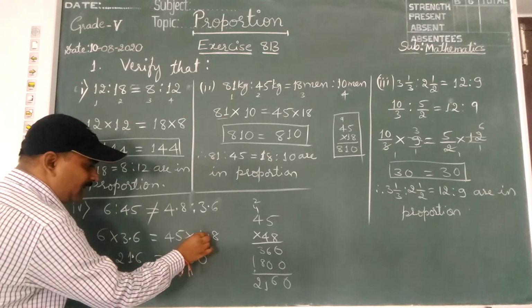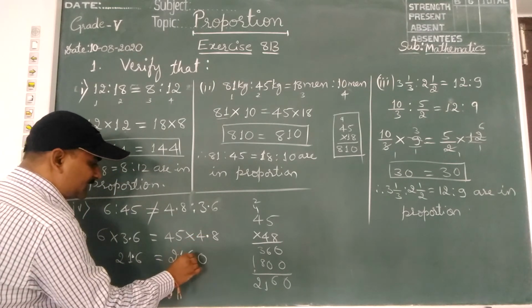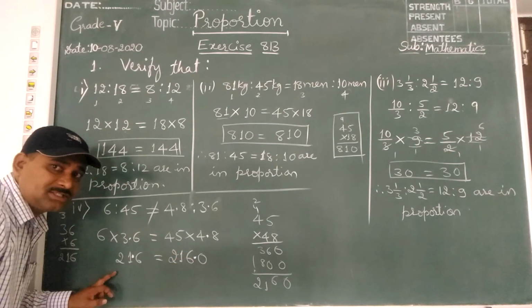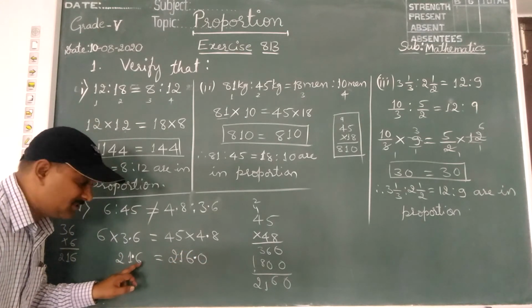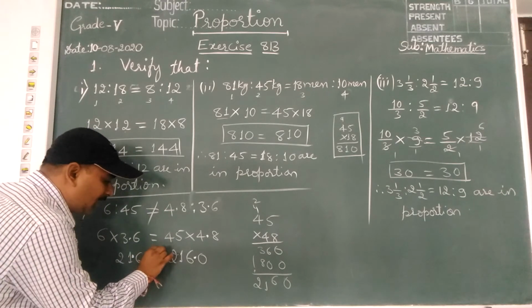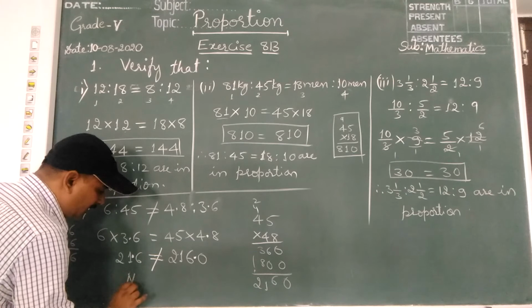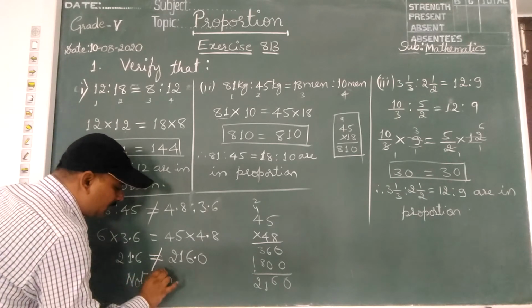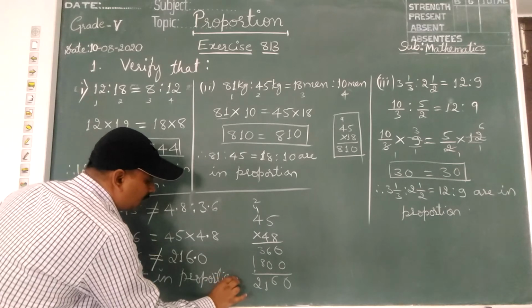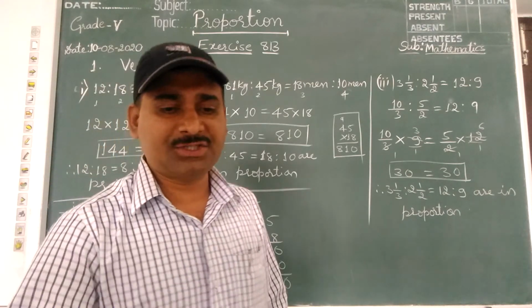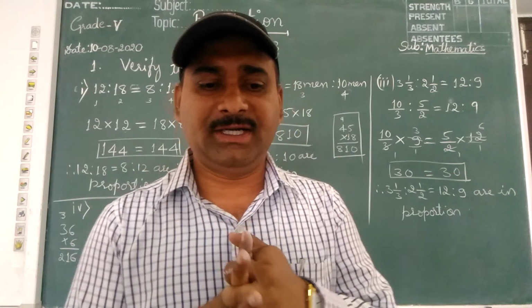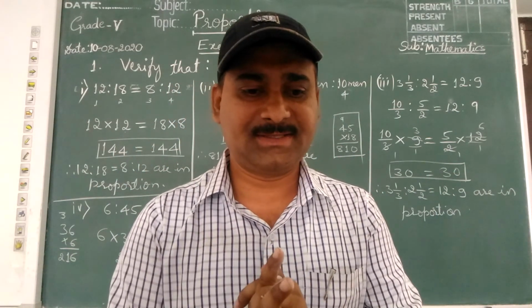So the decimal point will be after one digit. So here I got 21.6, whereas here I am getting 216. They are not in proportion.